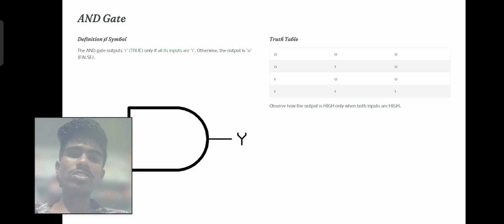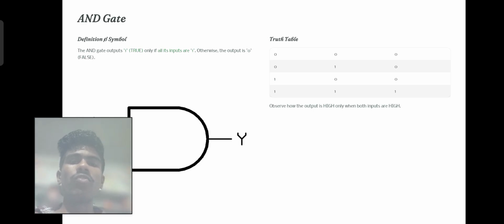The output assumes the logic 0 state even if one of its inputs is at logic 0 state. The AND gate may therefore be defined as a device whose output is 1 if and only if all its inputs are ones. Hence, the AND gate is called an all or nothing gate.